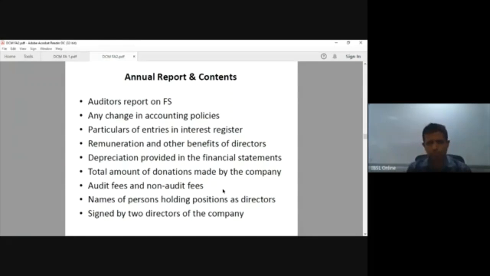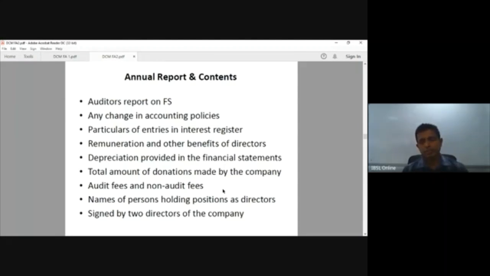Then thereafter, any change to the accounting policies, particulars of entries in the interest register, remuneration and other benefits of directors. This is very important. If it is a small amount or big amount, remuneration and other benefits of directors, it has to be mentioned. Now, if you take a bank, the total income statement size is very high.